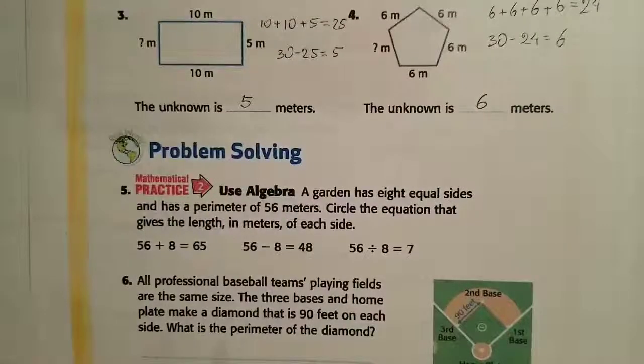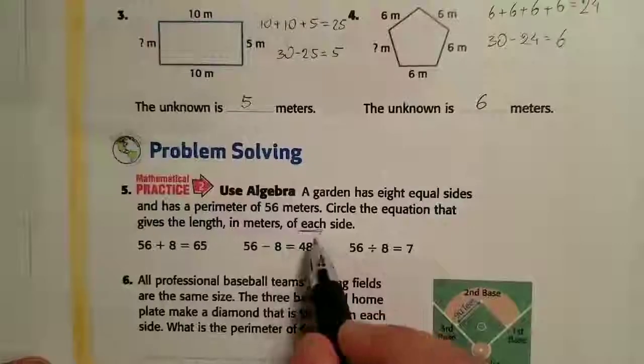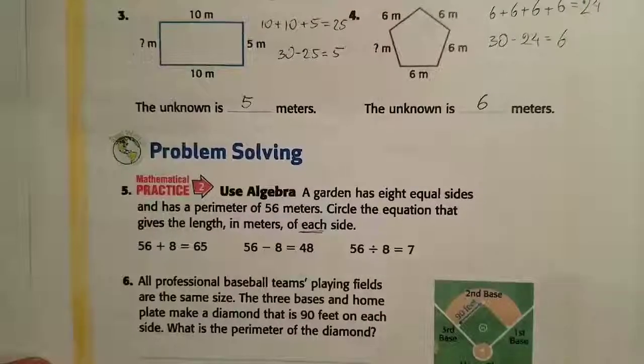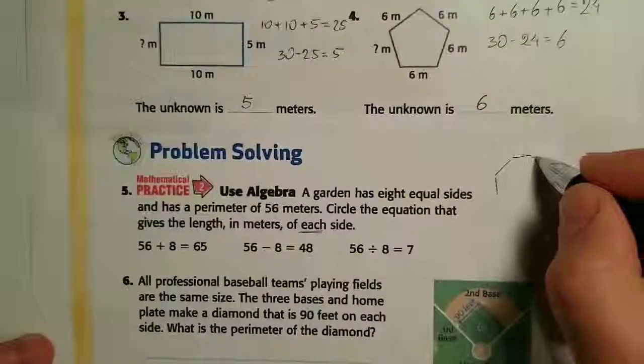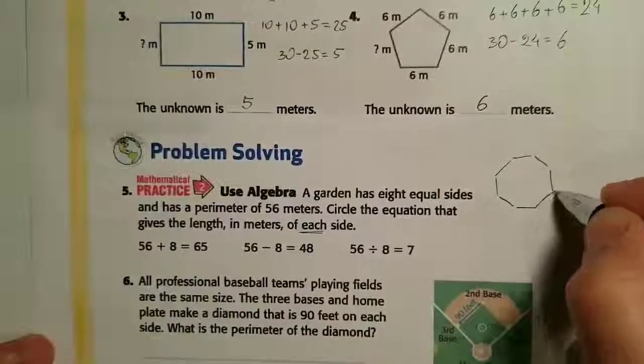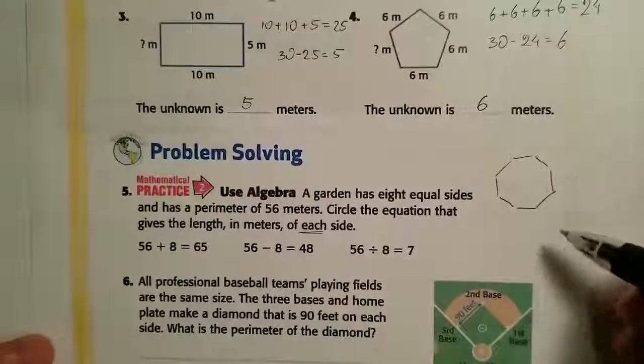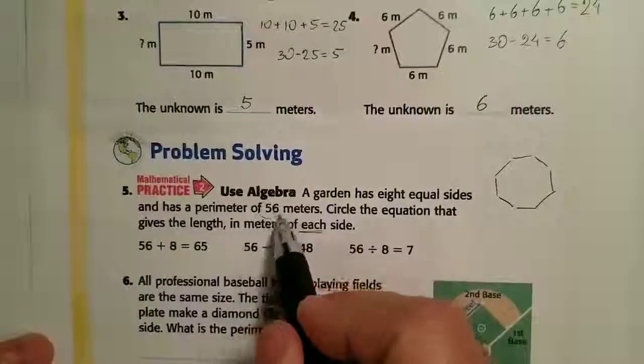Number 5 reads, a garden has 8 equal sides and has a perimeter of 56 meters. Circle the equation that gives the length in meters of each side. Okay, so this 8-sided figure, if you do the perimeter, it's going to be 56.